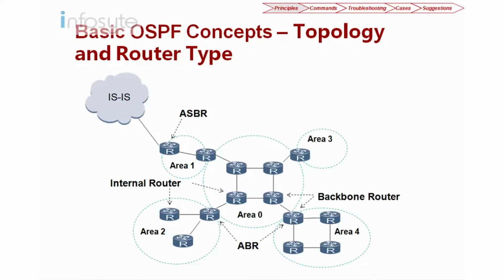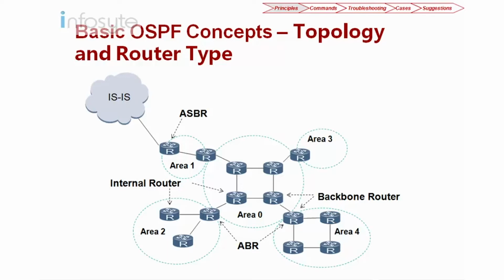Every single router, including the backbone routers, can become the ASBR. Based on which routers perform the route import, they become the ASBR. So these are the four different router types that we have in OSPF.